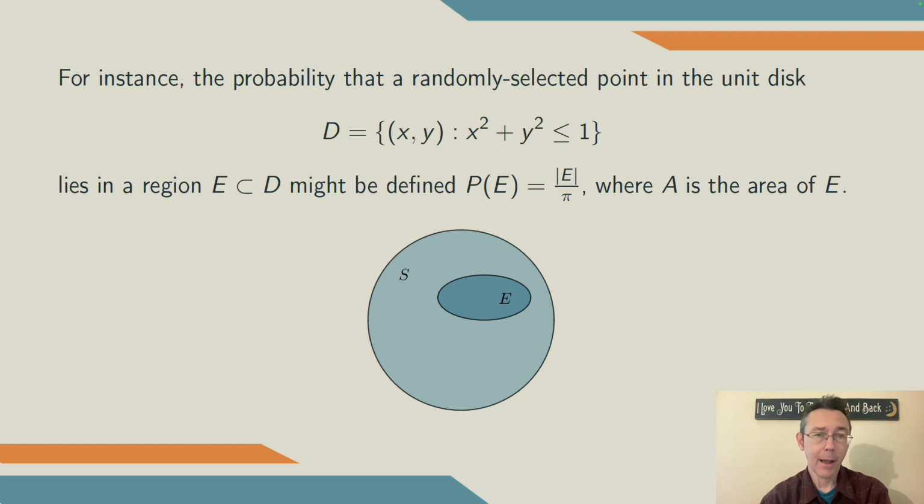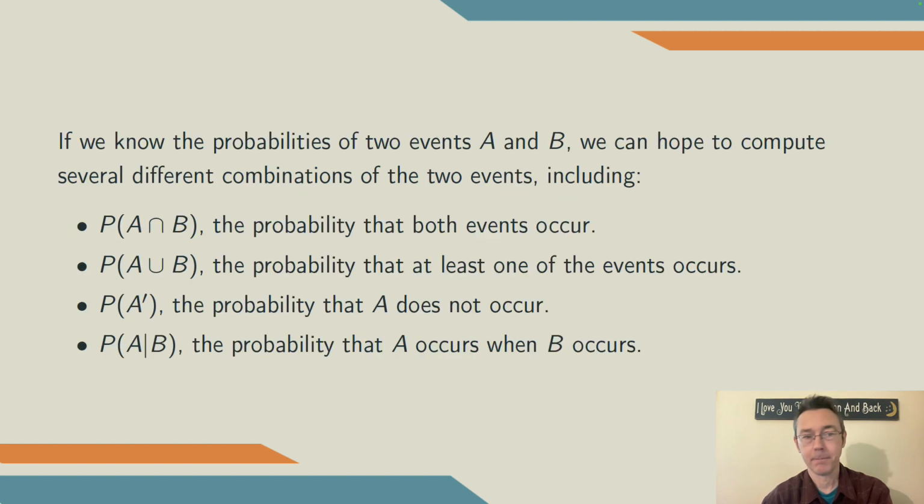We could define the probability that the point lies in a specified region E to be the ratio of the area of the region E and the overall disk. Since the area of the disk is pi, the probability that the point lies in E is the area of E divided by pi.